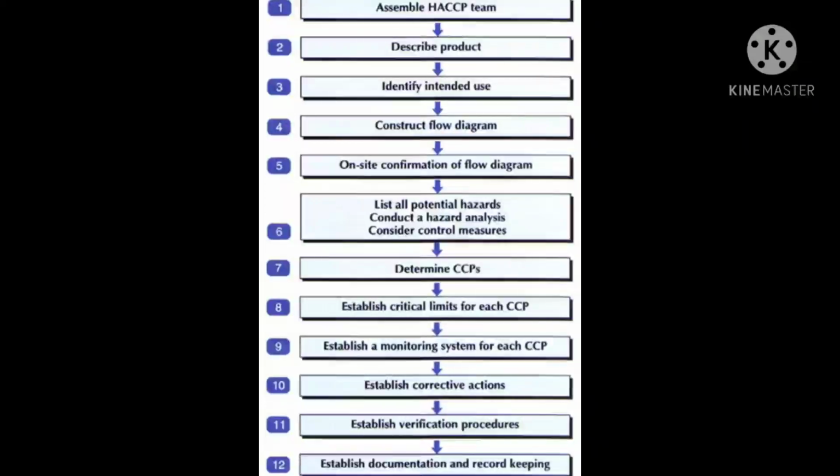identify and analyze hazards, determine the critical control points and other control measures, establish critical limits for CCP, establish monitoring procedures for CCPs, establish deviation procedures for CCPs, establish verification procedures and establish record keeping for CCPs.